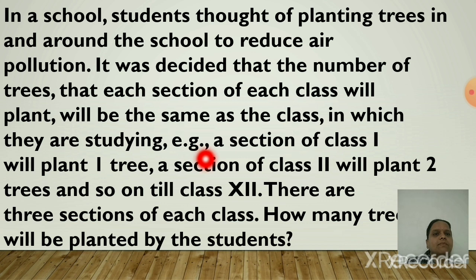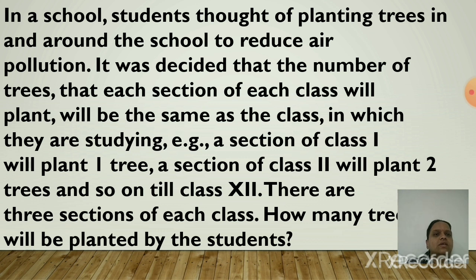For example, a section of class 1 will plant 1 tree, a section of class 2 will plant 2 trees, and so on till class 12. There are 3 sections of each class. So how many trees will be planted by the students? I think the question is clear to all of you.